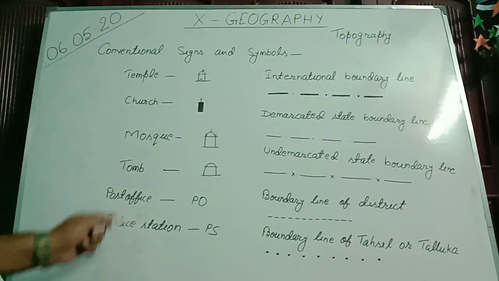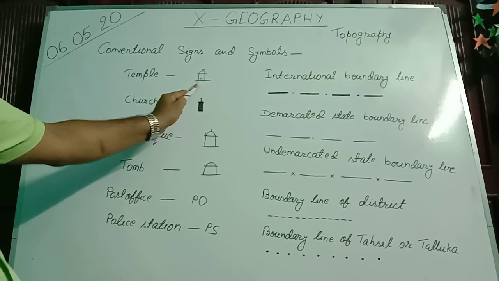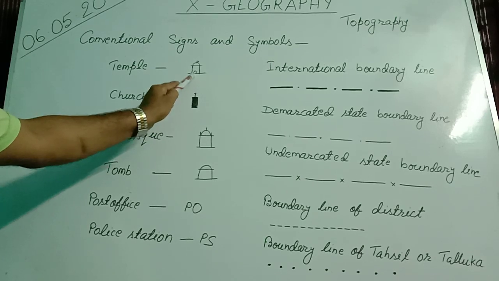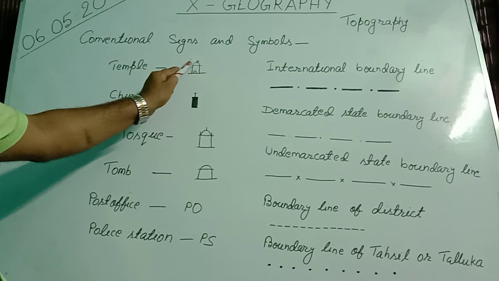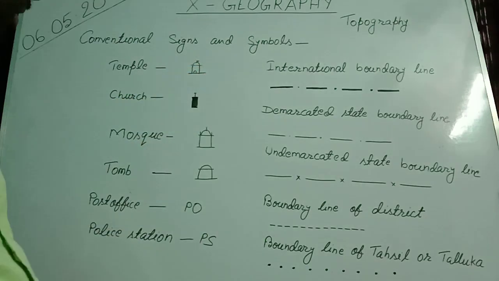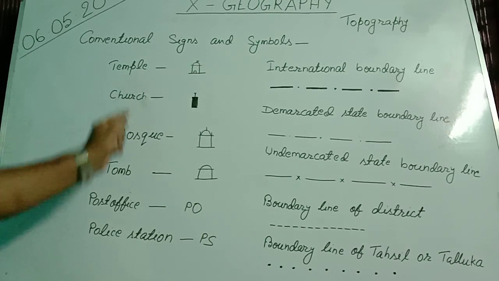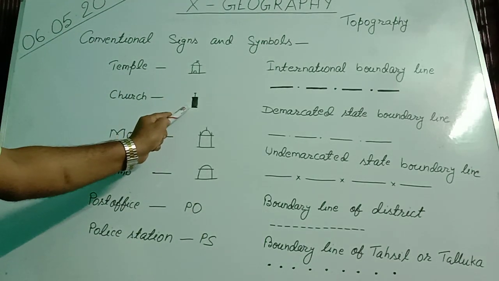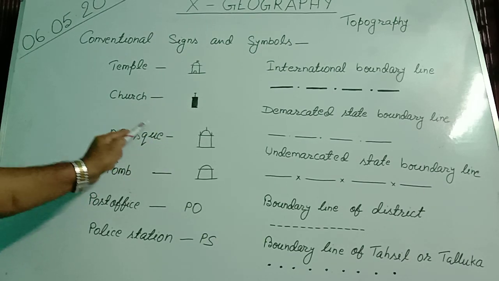Conventional signs and symbols. This symbol, which you will find in any grid, you can identify by the mast at the top. This symbol is referred to as a temple. At the top you are getting a cross. This symbol represents a church.